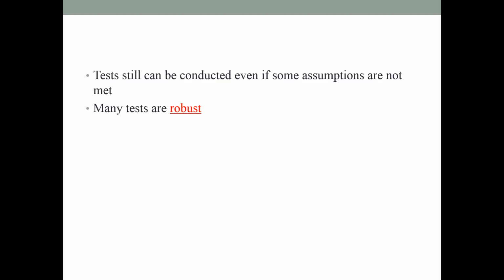The test still can be conducted because those tests are robust. And please remember the definition of robust. That means not easily influenced by violations of the assumptions. Okay, so in other words, yes, some conditions probably are not met, but it's okay. We still can go ahead and conduct the test. It's just that we need to proceed with caution.